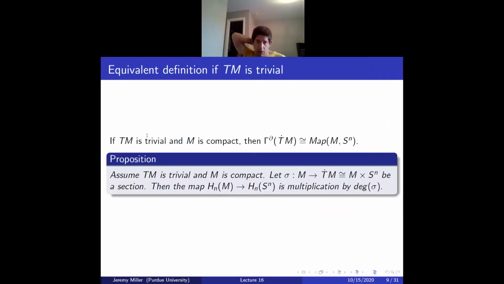Oh yeah, so maybe just state this. If the tangent bundle is trivial and M is compact, then the space of sections becomes just a mapping space, because the bundle is trivial, so it maps into S^n. And if the manifold is compact with no boundary, then the condition about the value on the boundary is vacuous. So the section space is just the space of maps.